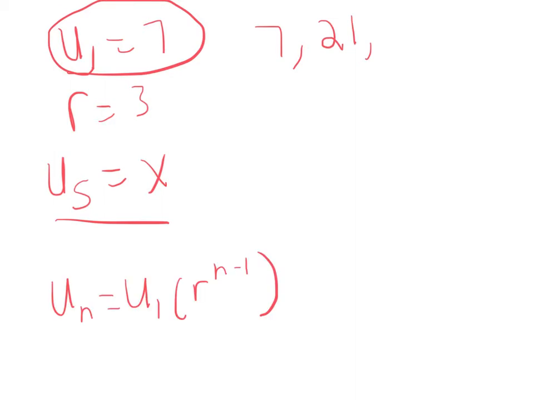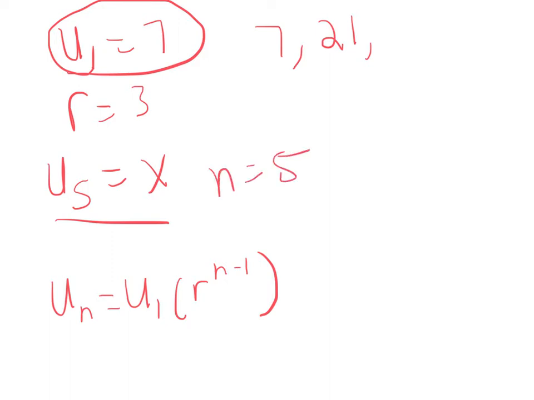The formula should be on your screen here. It is u of n equals u of 1 times the rate to n minus 1. N is just whichever one you're trying to find. We're trying to find the fifth term on this one. So for our problem, n equals 5.